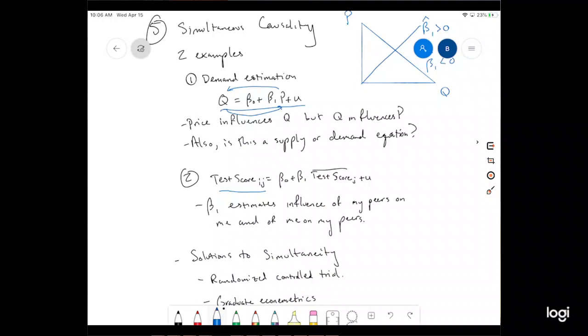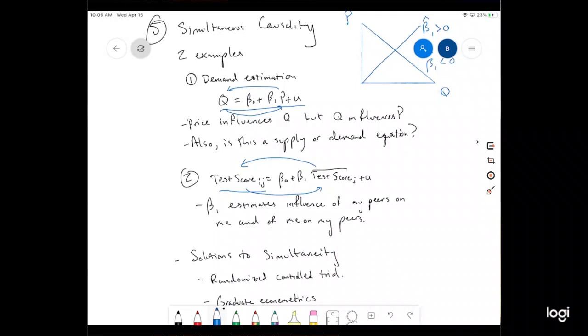But in reality, the average test score is influencing my test score, but I'm also influencing the average test score in my class. Or if we reduce this to just two people, say Bob and Mary in a class, we can estimate this regression on both Bob and Mary's test scores.